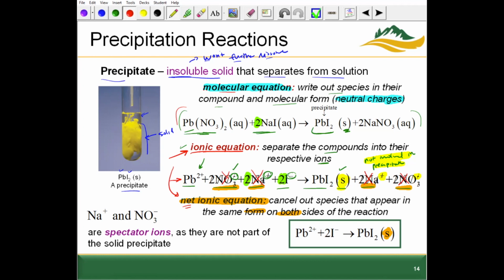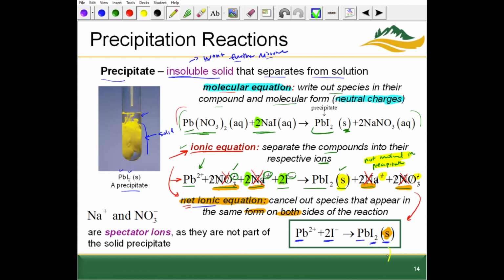So this is the ionic equation. Now we're just showing that we're xing out some of these to go to the net ionic equation. In the net ionic equation, we only have the species that are composing the solid precipitate, and they're in their balanced form. So 1 lead ion and 2 iodine or iodide ions here make up this lead iodide precipitate.